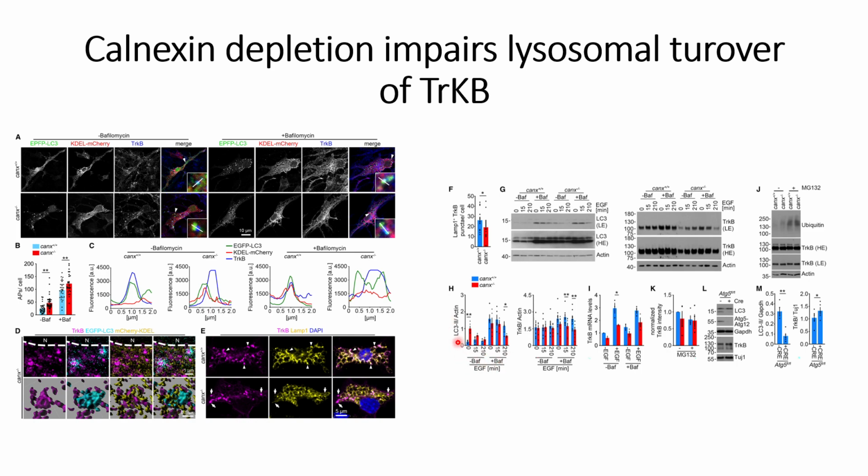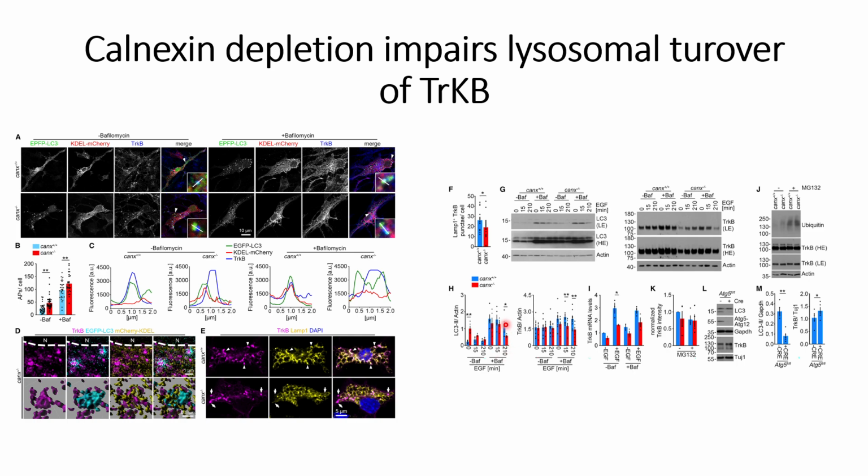However, when chemical inhibitors are introduced, they can see elevated levels of LC3 in both wild type cells and Calnexin depleted cells.